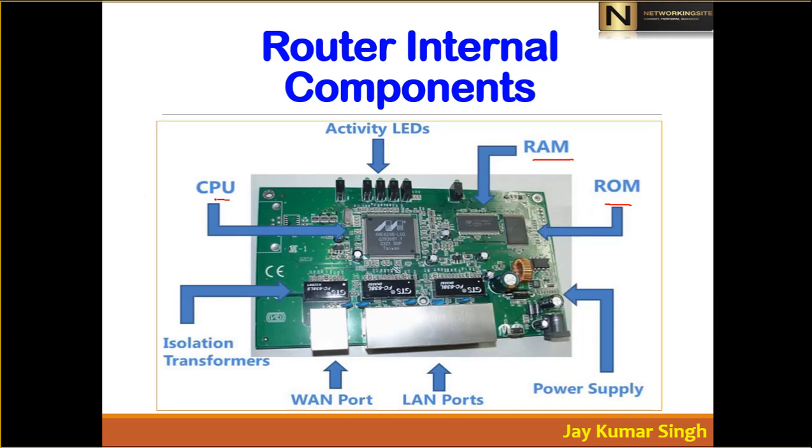Router will have CPU. Router will have LEDs, the activity lights, showing whether the link is up or down. Router has also SMPS, the power supply, the transformers. This is your power supply here, where you give power. It changes your AC to DC and provides the voltage to your motherboard.